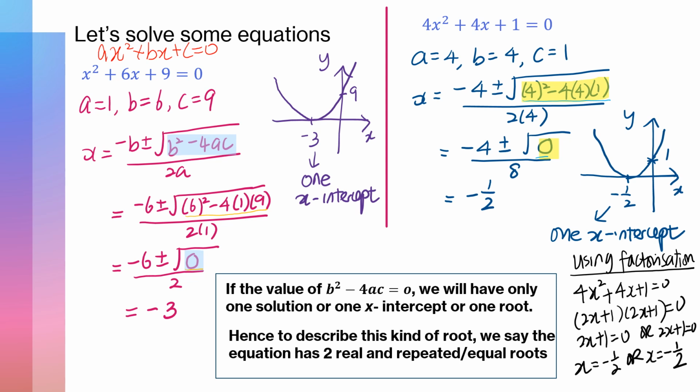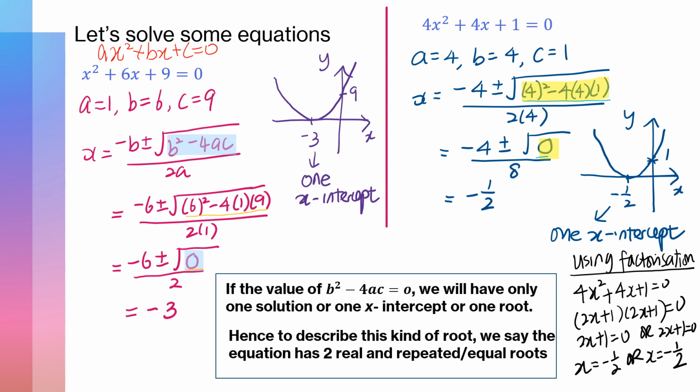Okay, I'm going to use factorization to solve the quadratic equation. If you recall, there are three ways of solving a quadratic equation: using the quadratic formula, using factorization, or using completing the square. If you use factorization, you will see that we have two linear factors, 2x plus 1 equals 0, or 2x plus 1 equals 0, and x equals -1/2.